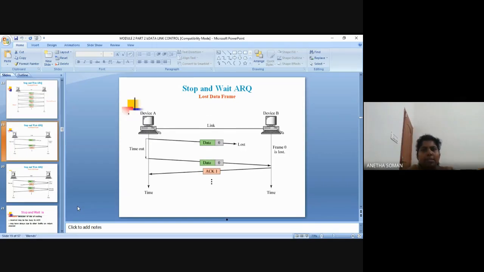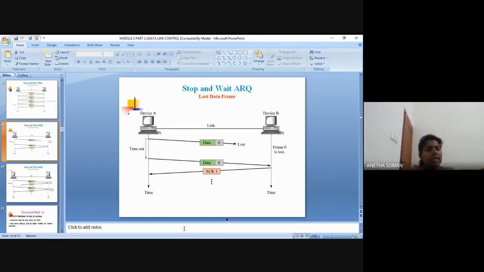Now, what happens in the case of a lost data frame? You can see in the second diagram, you have device A and device B. What happens when the data is lost? The sender is equipped with a timer.